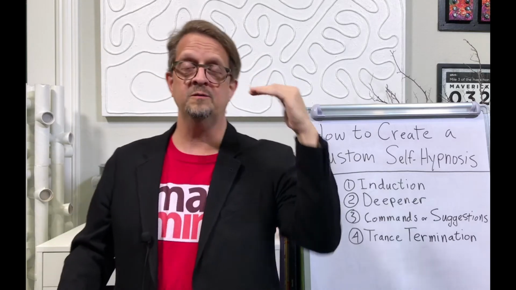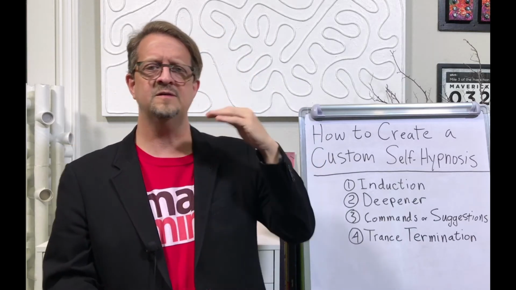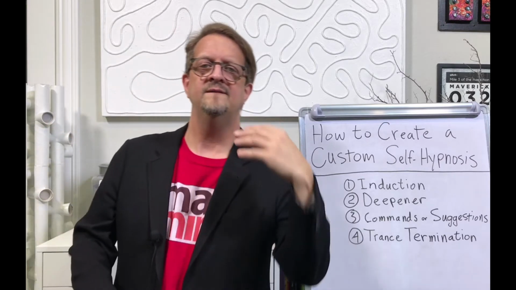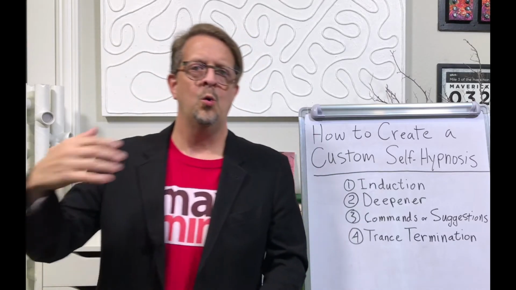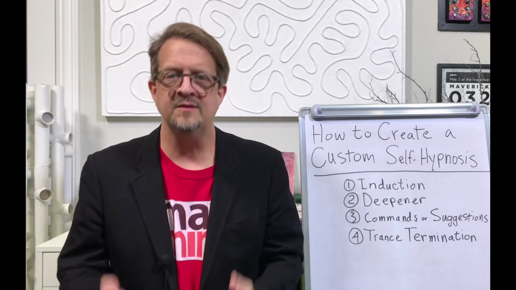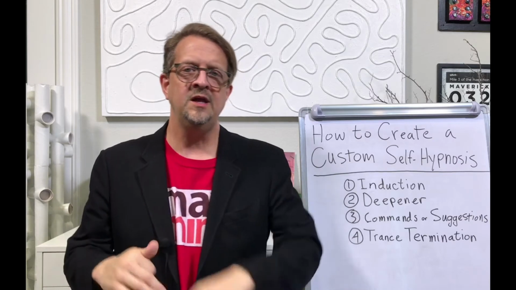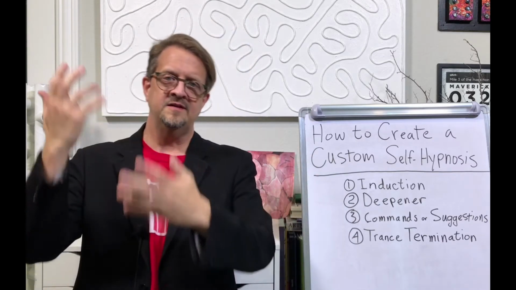And you just progressively go down the steps, pausing in between about a second or two. 17, 16, 15, just like that, all the way down until you get to the bottom. 2, 1, and 0. You're now at the bottom of the stairs, and you see a door in front of you. When you're ready, open the door and walk through. And that's it. It's just a deepener.